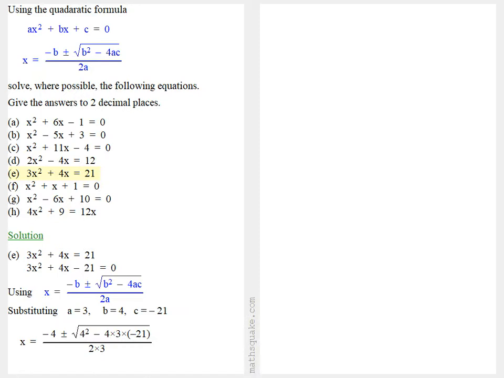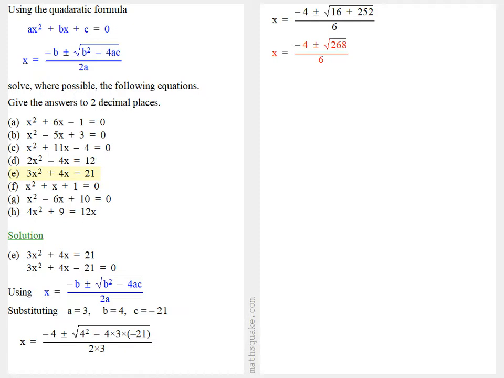That gives us x equals minus 4 plus or minus the square root of 4 squared minus 4 times 3 times minus 21, all over 2 times 3. Now that's equal to minus 4 plus or minus the square root of 16 plus 252 all over 6, which gives x is equal to minus 4 plus or minus the square root of 268 all over 6.